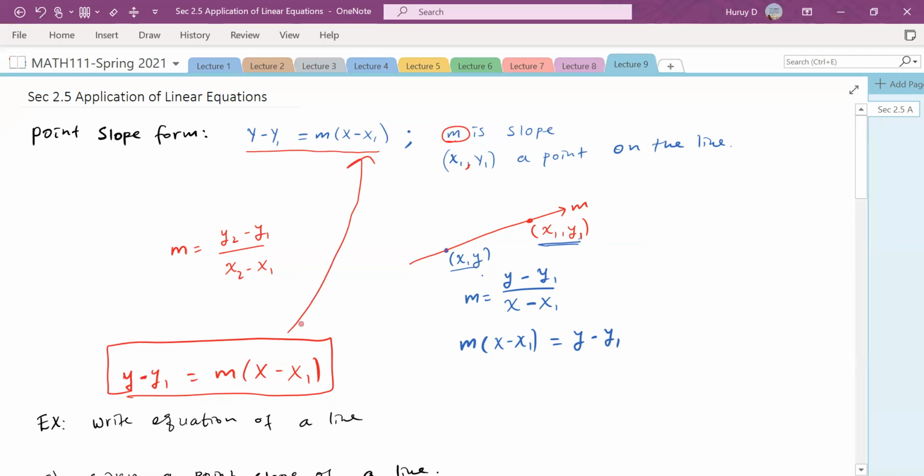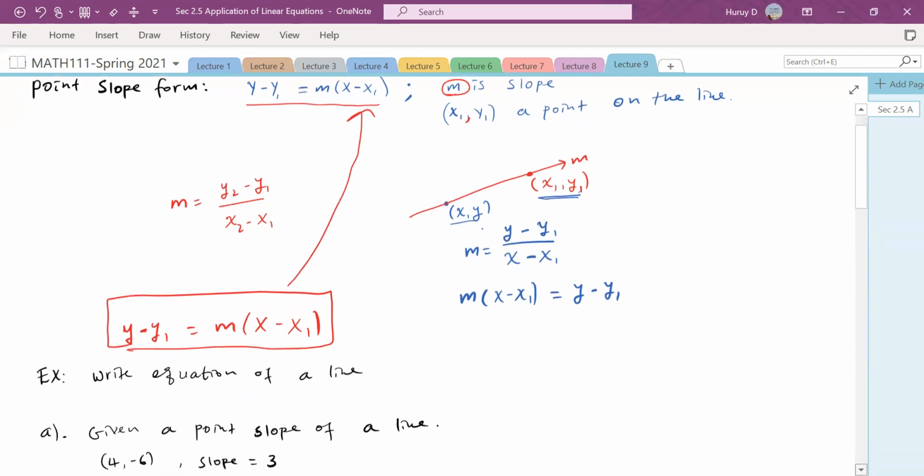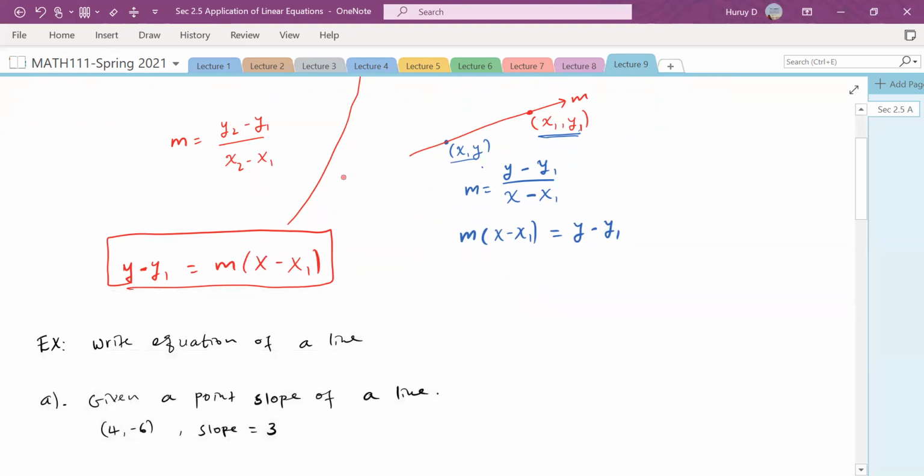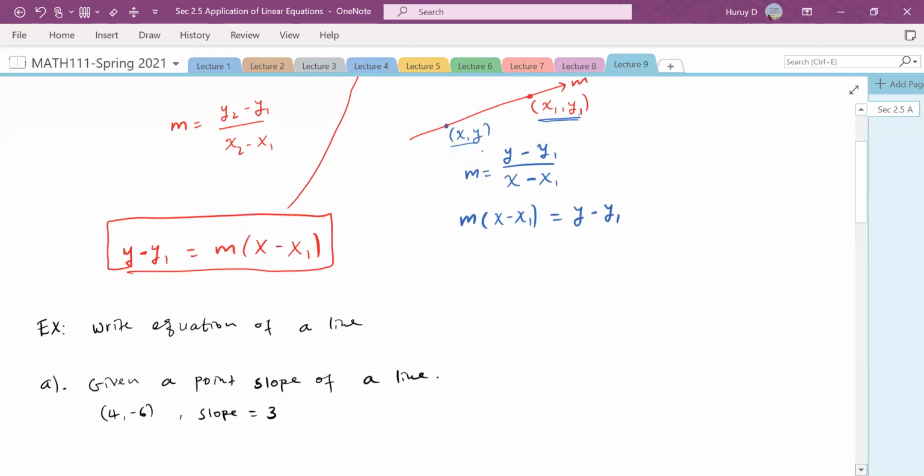Now, if we know one point that the line passes through, what we can do is substitute the x value and y value of that point, and then the slope value, into this formula, and then we will have an equation. Let's see what I mean by looking at this example. So now we have the formula.